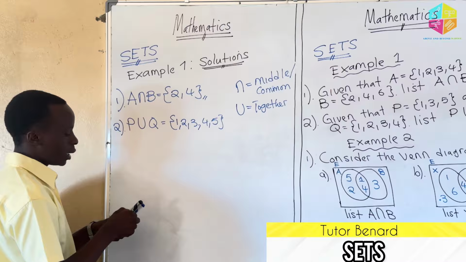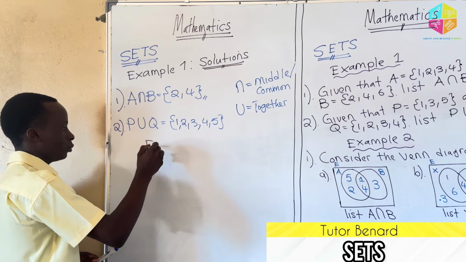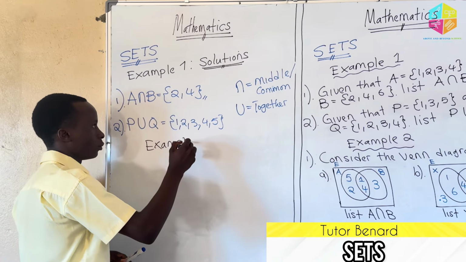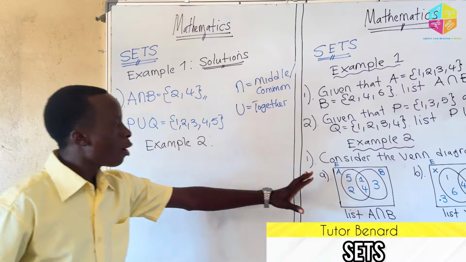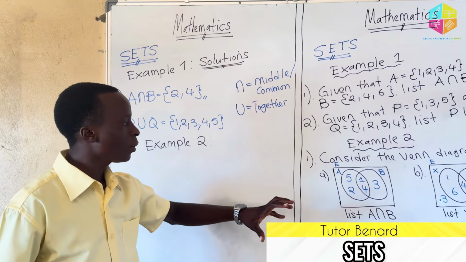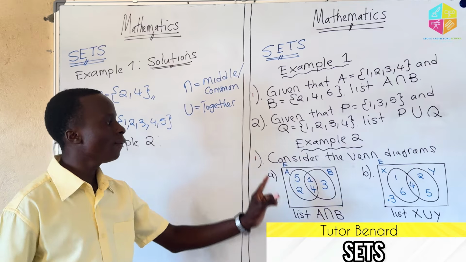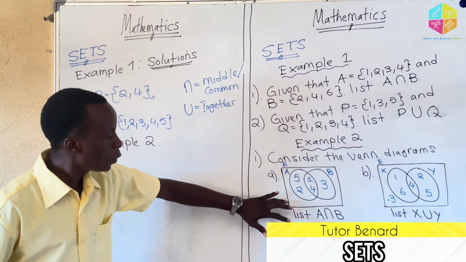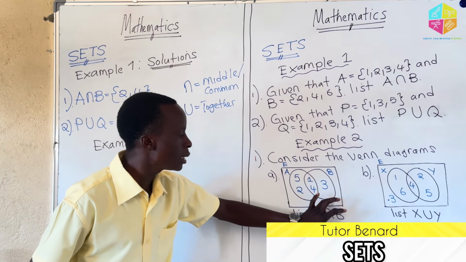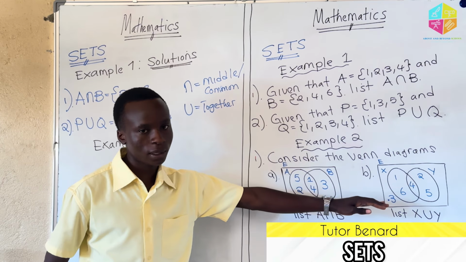Now let us move on to example 2. Our second example says consider the Venn diagrams. Whenever you see this in mathematics, these are what we call Venn diagrams.